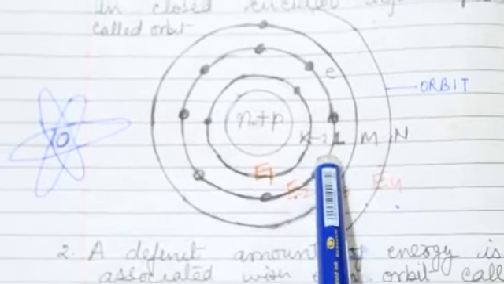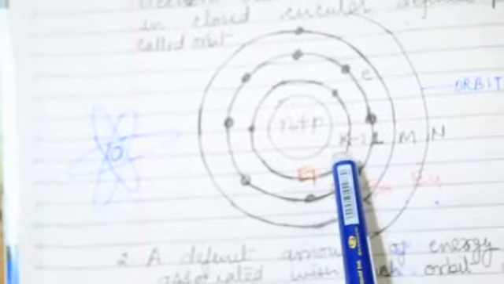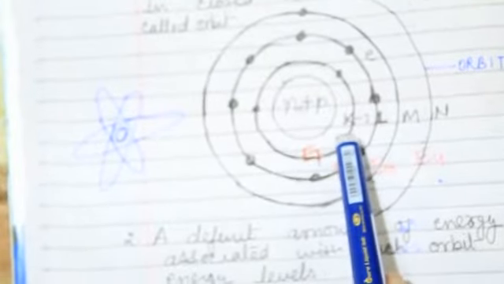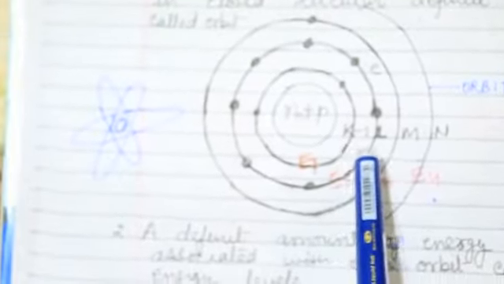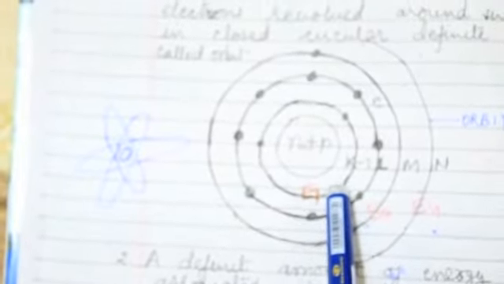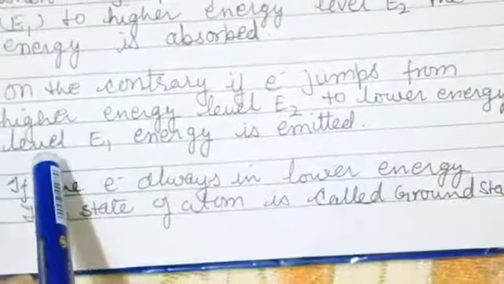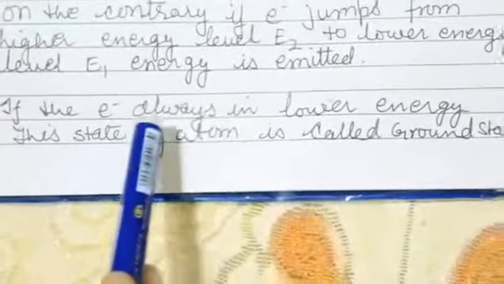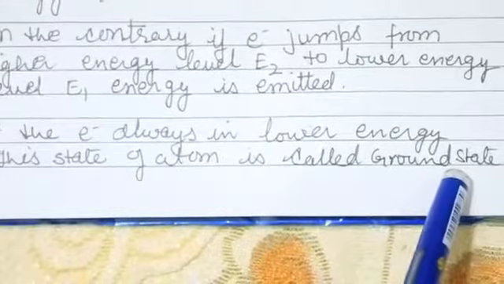And when the electron goes from a higher energy level to a lower energy level, energy is emitted in the form of radiation, because it doesn't want that much energy in the lower energy level. If the electron is always in the lowest energy level, this state of the atom is known as the ground state.